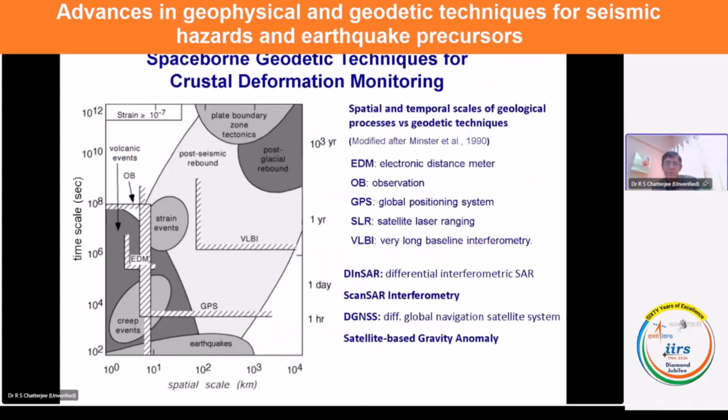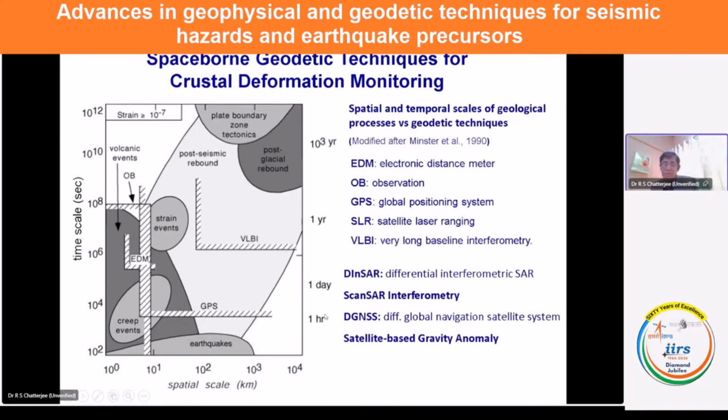Now here you see there are different kinds of spaceborne geodetic techniques, and there are some ground-based techniques, like electronic distance meter, then GPS or GNSS observation, then satellite laser ranging, then very long baseline interferometry, traditional differential interferometry, then advanced differential interferometry, that is time series deformation analysis, and ScanSAR interferometry with large swath interferometry.